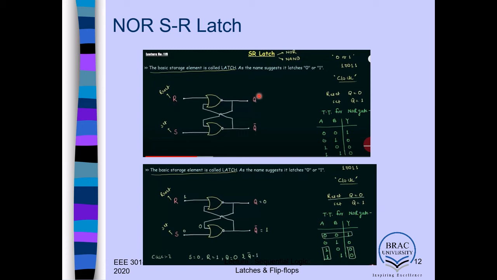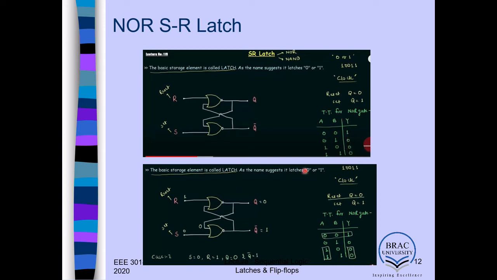Reset means our Q will be 0. This is the typical truth table for a 2-input NOR gate. For a 2-input NOR gate, if both inputs are 0, then output is high, otherwise output is low or 0.